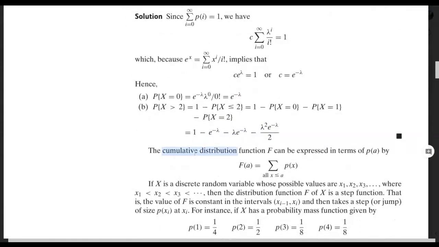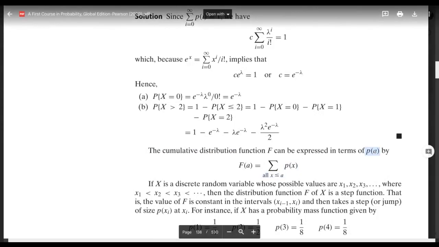Okay, let's see this. The cumulative distribution function F can be expressed in terms of the probability P by F(a), adding all the probabilities of x for all x less than or equal to a.